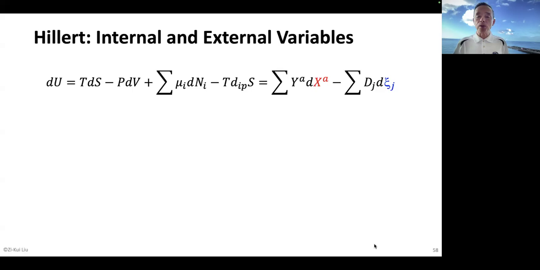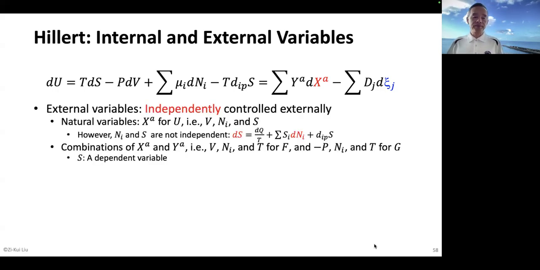So here, for example, Y_A would be temperature, minus P, chemical potential. We can also add electric field and magnetic field, and so forth. If we go beyond the hydrostatic work, we can have the stress and the strains, right, given the strains.